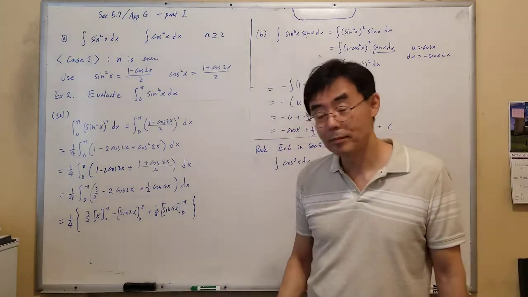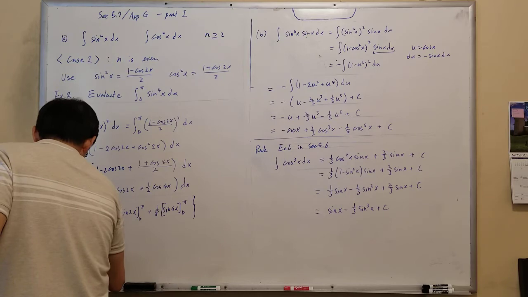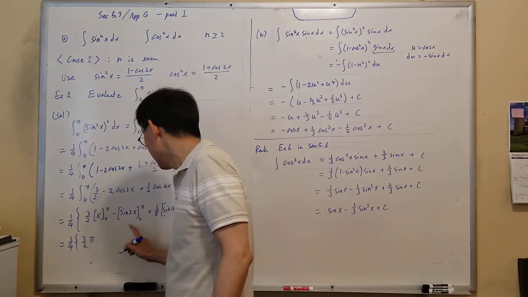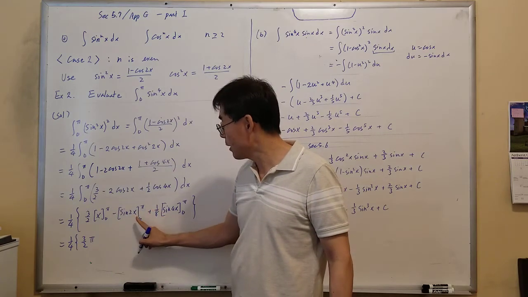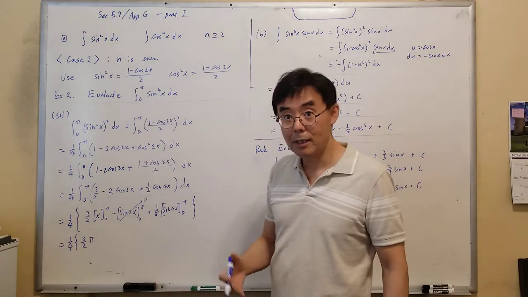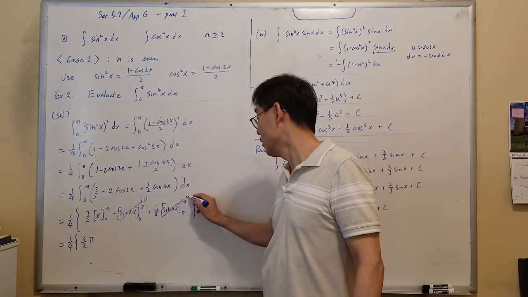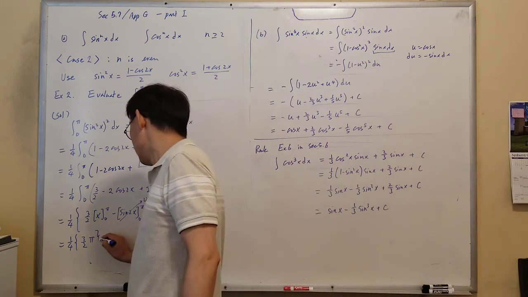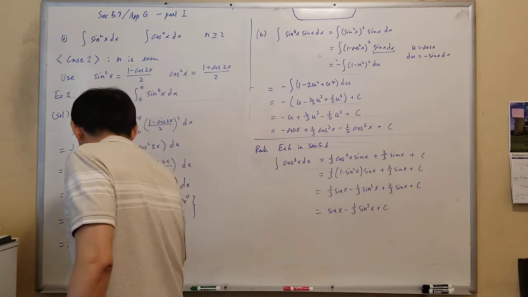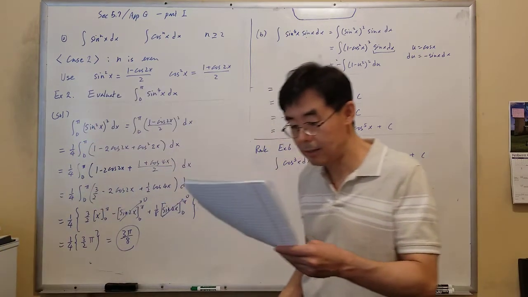Okay? This is 1 over 4 times 3 over 2, pi minus 0, so pi. Cosine of 2 pi minus cosine of 0, all of them 0. Integral multiples of pi, sine of 4 pi, sine of 0, all of them 0. So it is 3 pi over 8. Okay? Pi over 8.